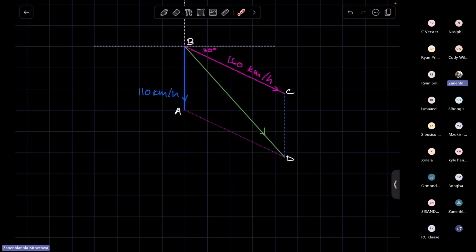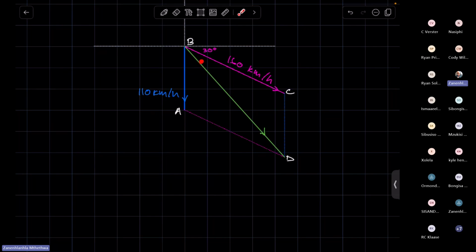So now you work out your angles. Now, if this here is 30 degrees, we know this entire angle is 90 degrees. So if that's 30, what is this angle equal to? 60. Now in a parallelogram, opposite angles are the same. So if this is 60 degrees, it means that's 60 degrees. And then we know this angle is co-interior with this angle.